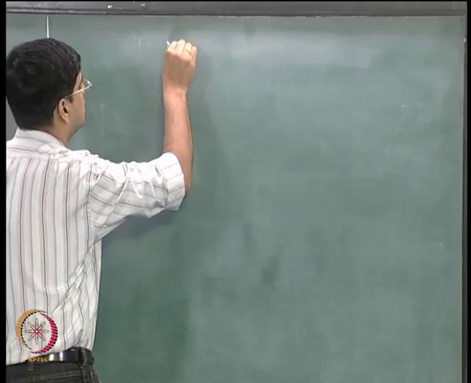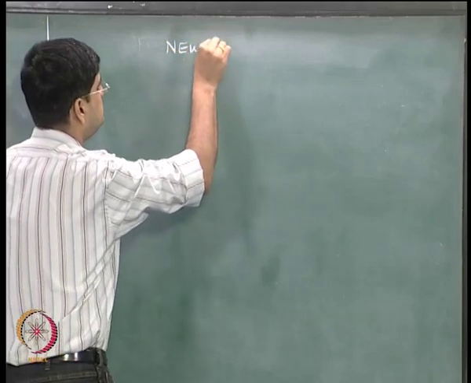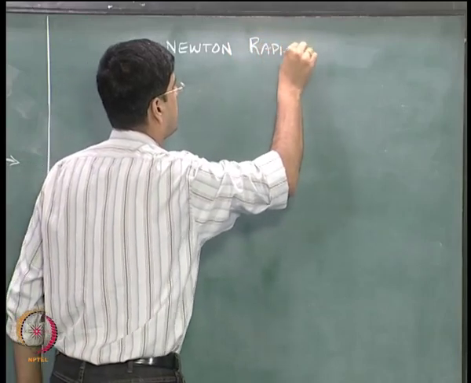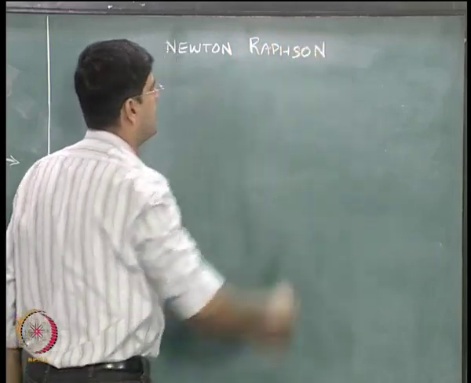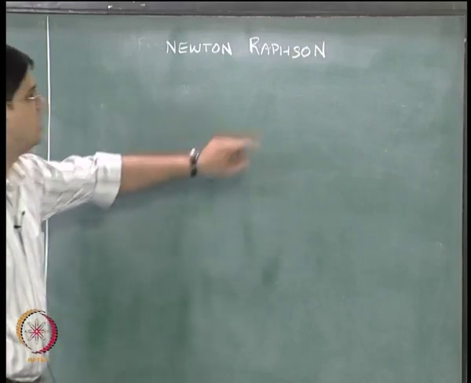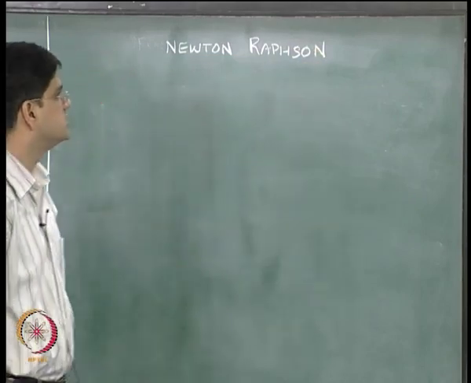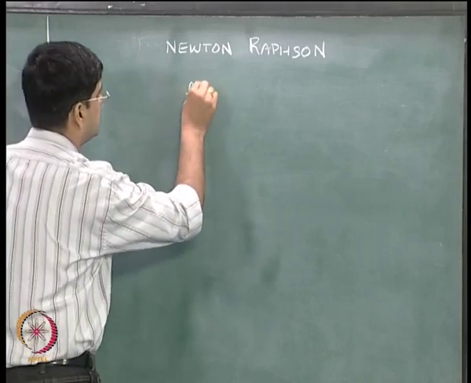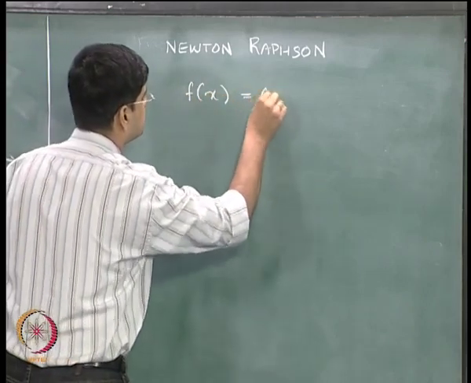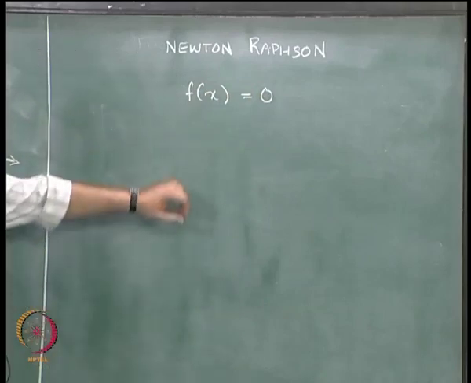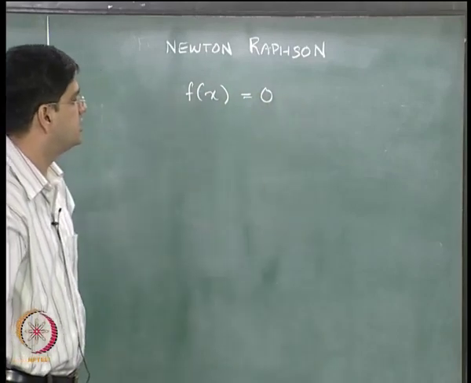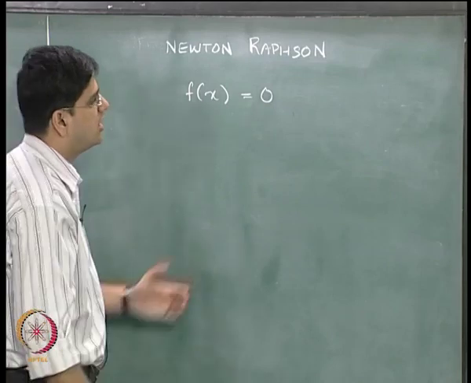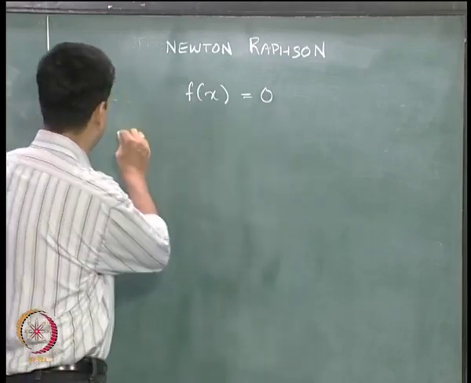So the final method that we are going to cover in algebraic equation solving is the Newton-Raphson method. Again we are interested in solving f of x equal to 0, and in the Newton-Raphson method we look at the curve.